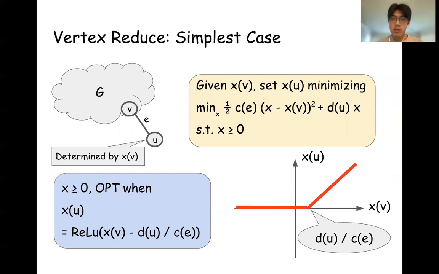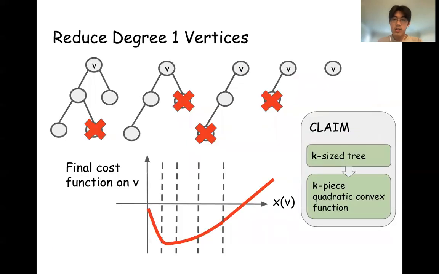By doing so, we found out that the value on this vertex u is actually a function of its neighbor, and due to the non-negative constraints, this function looks like this Rayleigh function, and we can actually prove that by reducing degree 1 vertices one at a time, we can remove the entire tree and represent the cost on this entire tree as a single function on the value of this root v.